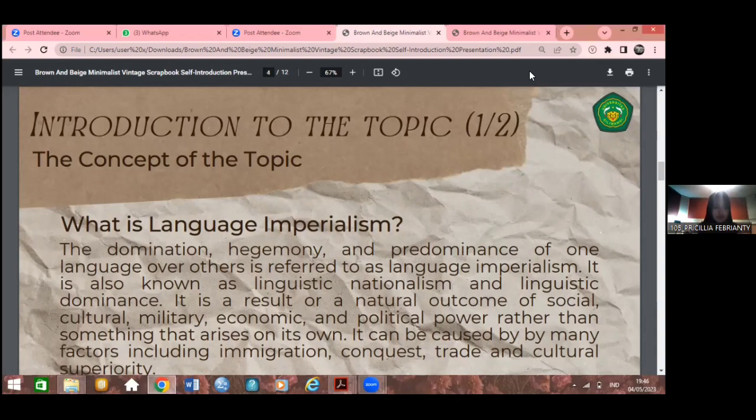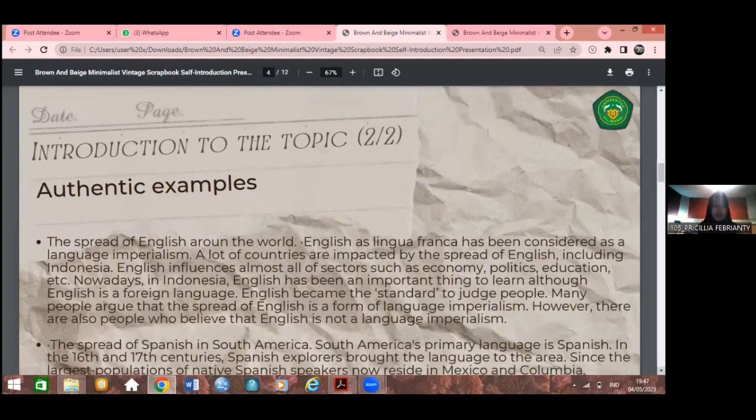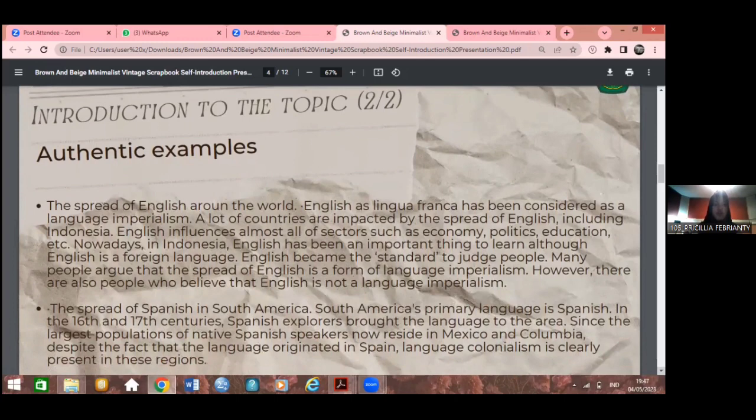Next slide, please. So in this session, we provide 2 examples of language imperialism. The first one, one of the best known examples, is the spread of English around the world.